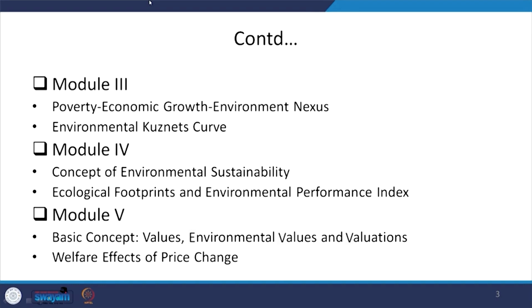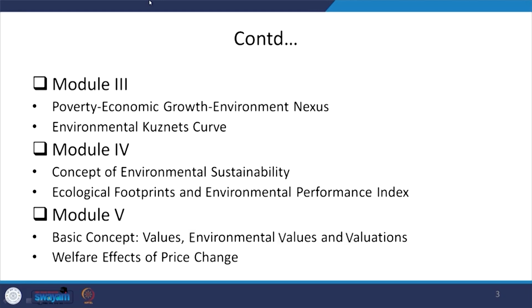Third module will discuss the nexus between environment, poverty and economic growth. It will also discuss the environmental Kuznets curve, a very famous curve which clearly shows the inverted U shape relationship between economic development and environmental protection.